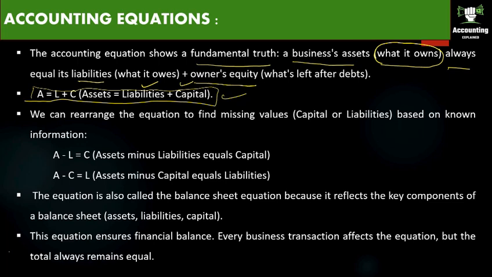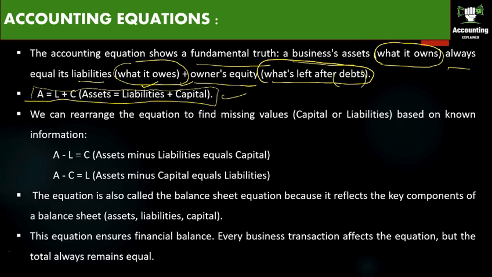And liabilities can be called what it owes, that is the debt it owes to the outsiders. And owner's equity can be called what's left after debts, that is the remaining of the assets after the debts with the outsiders.